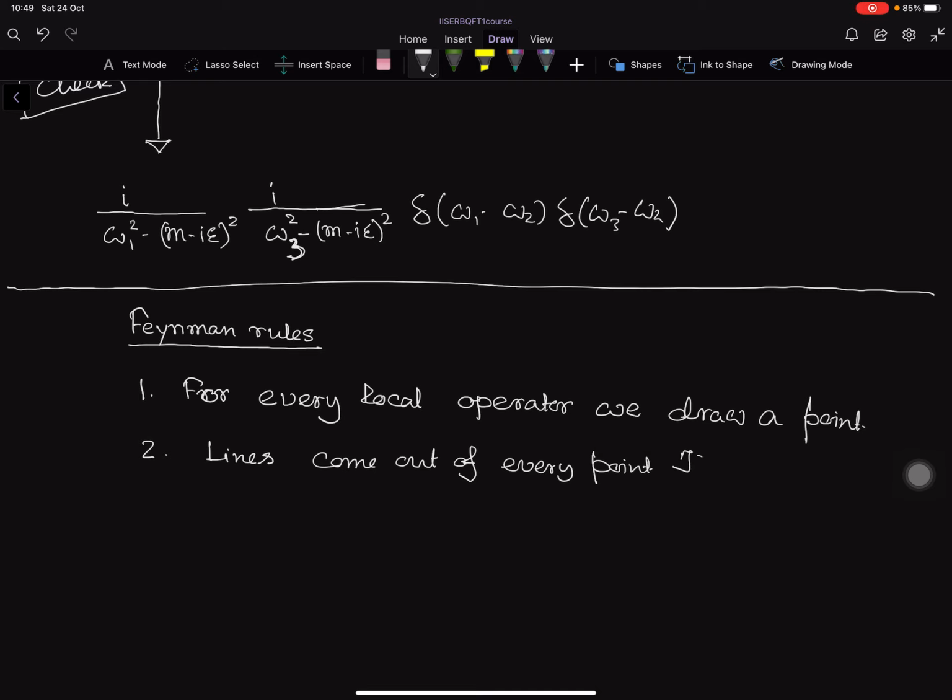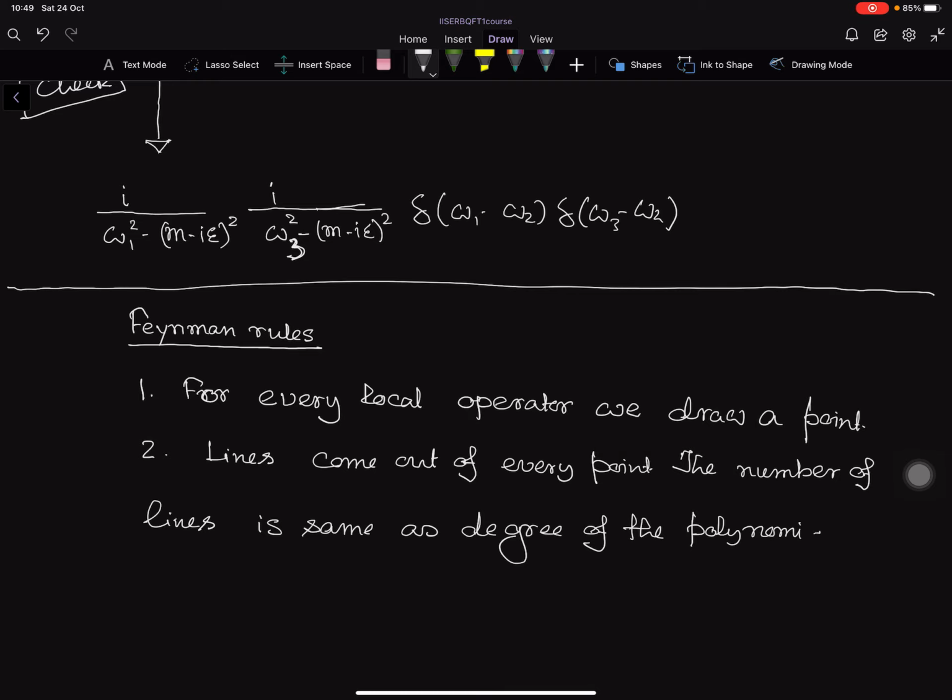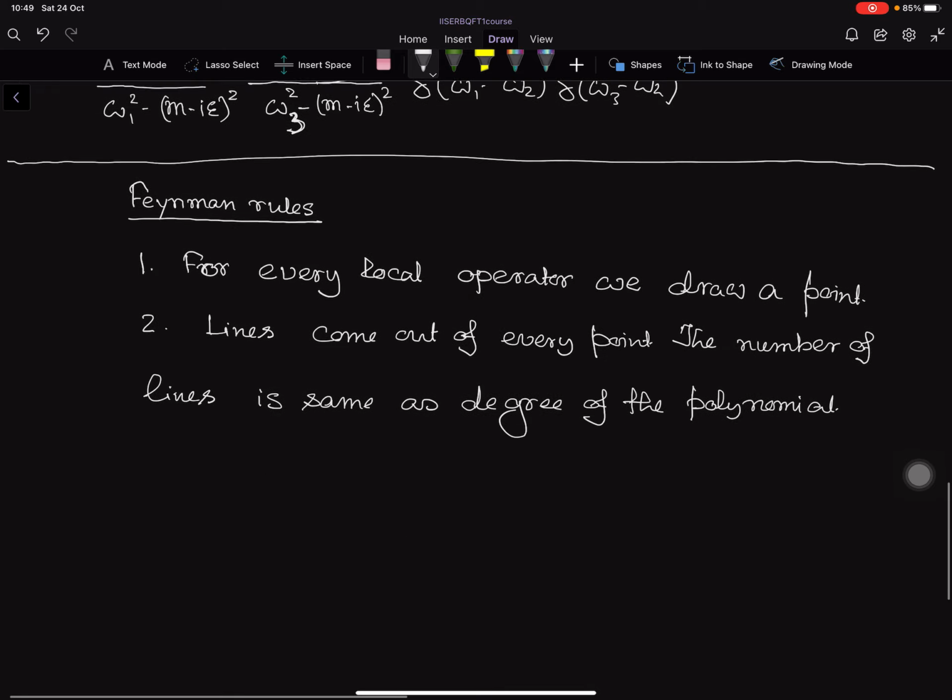The number of lines is basically the degree of the polynomial. Okay.